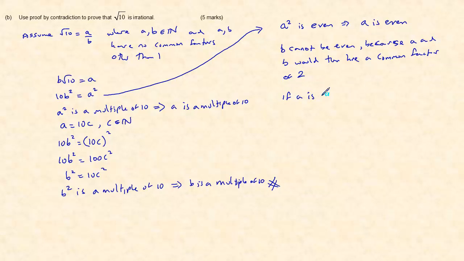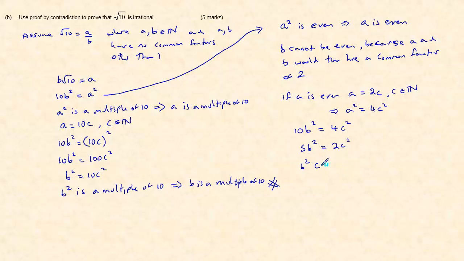If a is even, then a is equal to 2c, where c belongs to the natural numbers, which means that a squared is equal to 4c squared. So we then have 10b squared is equal to 4c squared, which would give me 5b squared is equal to 2c squared.